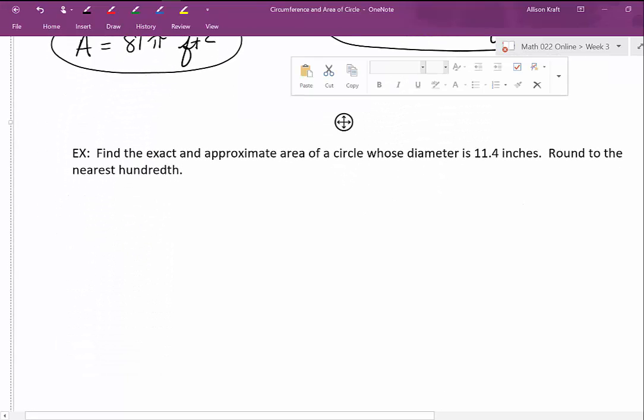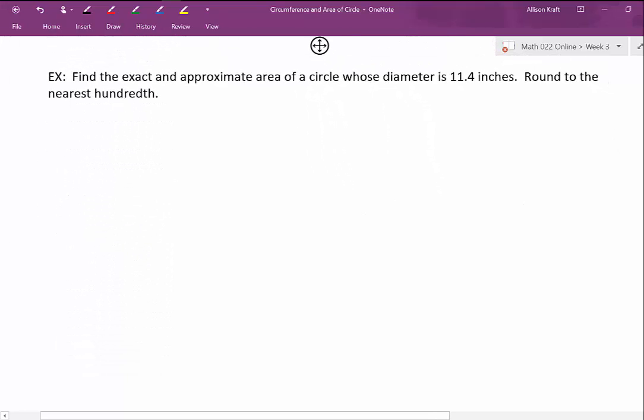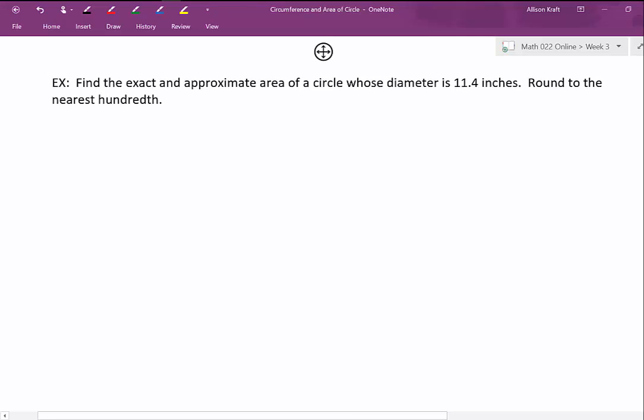Let's do one more area problem. Again, finding the exact and approximate area. This time, though, instead of giving the radius, I give the diameter. Our area formula is pi r squared. We need the radius, but we've been given the diameter. To figure out what the radius is, we need to divide the diameter in half.